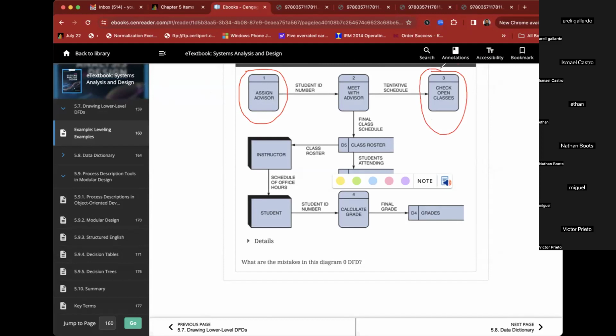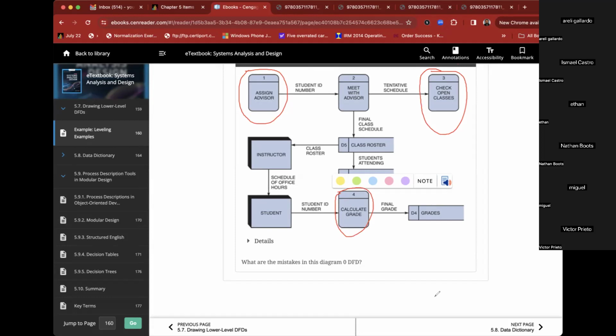It's a black hole, right? Right. Calculate grade. What's wrong with this one? Student ID number has nothing really to do with calculating grade. So what kind of problem is this one? Gray hole. Gray hole problem.